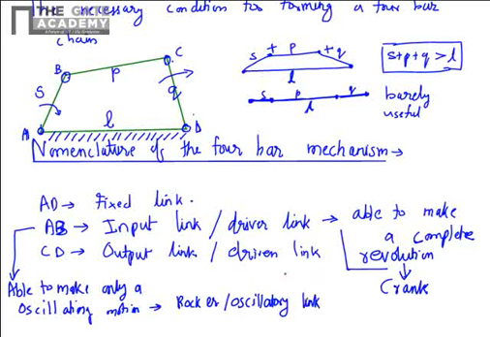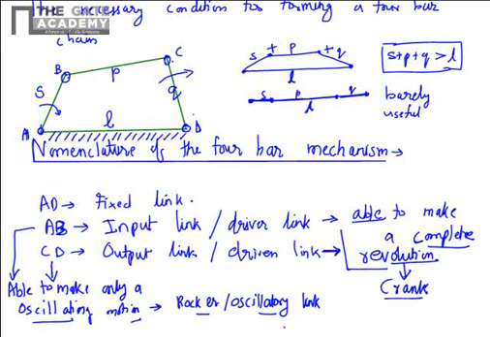A similar definition also applies for the output link. If the output link is able to make a complete revolution, then it is known as a crank, and if the output link is able to make only an oscillating motion, it is called a rocker or oscillatory link.